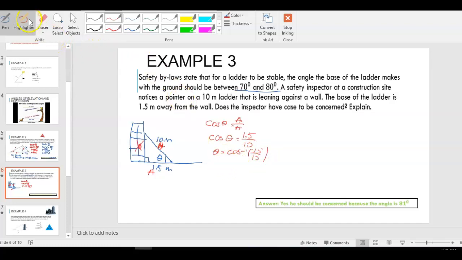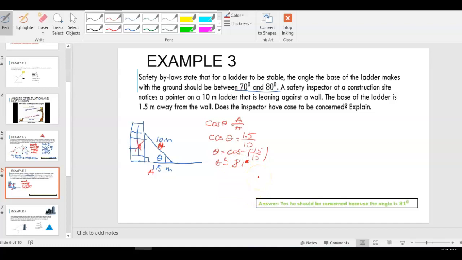Okay. Putting that into your calculator, we will get angle theta approximately 81 degrees, rounded to the nearest degree.